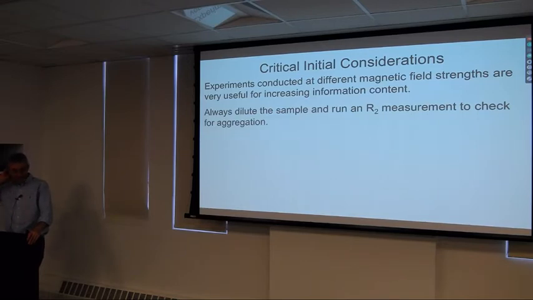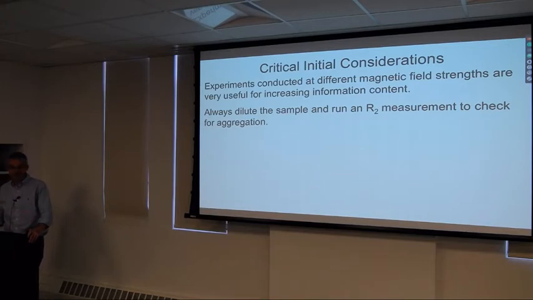At the concentrations at which solution NMR experiments are done, there can be a tendency for proteins to weakly self-associate. So at 200 micromolar sample concentration, if the equilibrium constant for dimerization is a millimolar, there's still going to be a few percent of dimer in solution, and that impacts on the analyses.